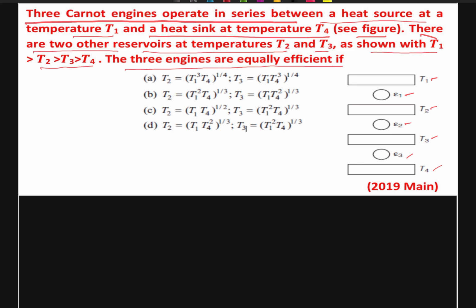So let us assume that the efficiencies of the engines are nu1, nu2 and nu3.